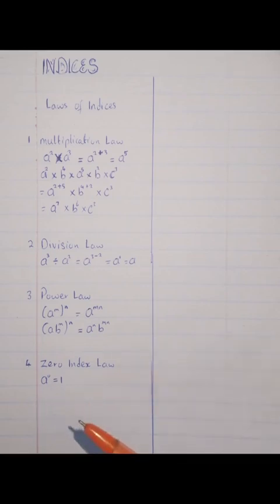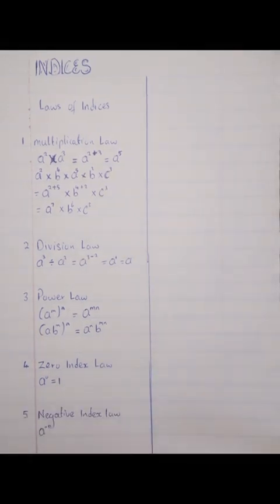So our next law is the negative index law, and this one states that if you have something like a to the power of negative n, this means 1 over a to the power of n. We are taking 1 over because of this negative sign here. If this was ordinarily just a to the power of n, it would have been different, it would have just been a to the power of n.